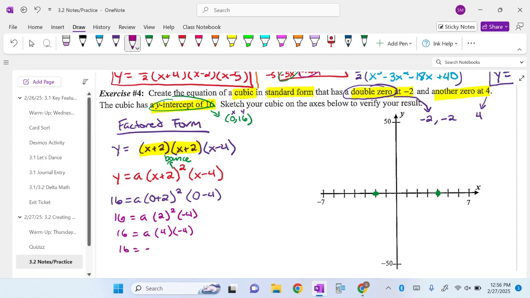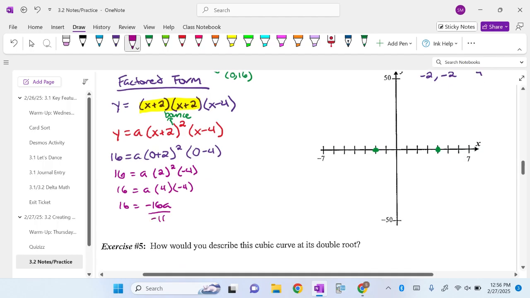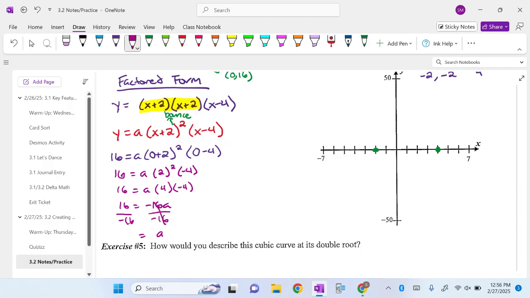So 16 is equal to -16a. Divide by -16. A is equal to what? Not just 1, -1. We're dividing by a negative. So my final form would be negative x plus 2 all squared times x minus 4.